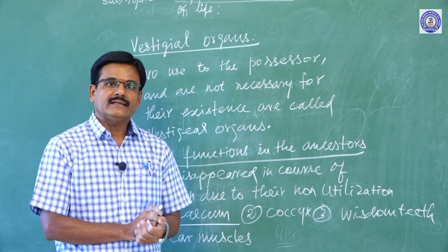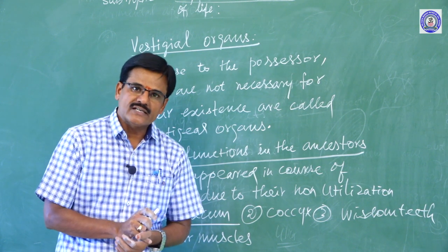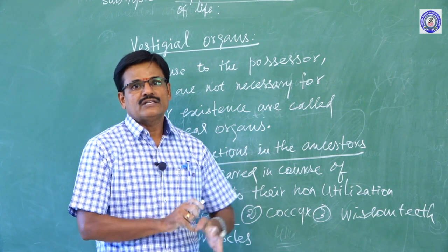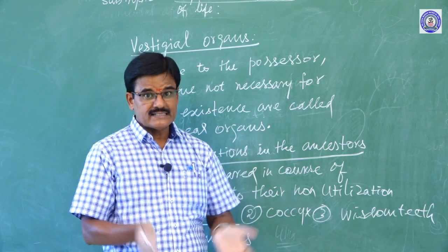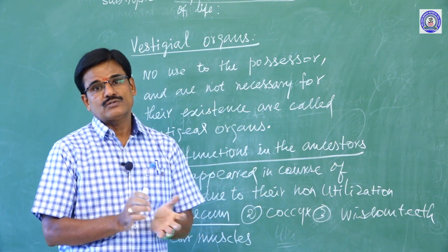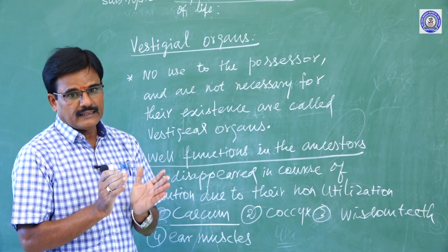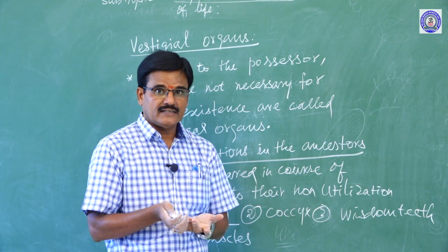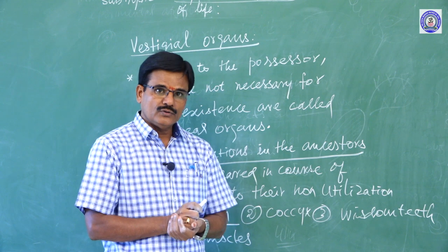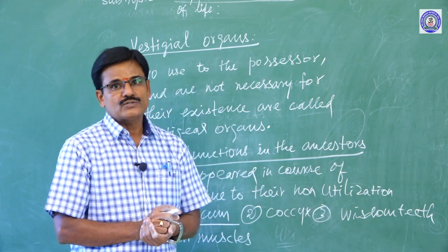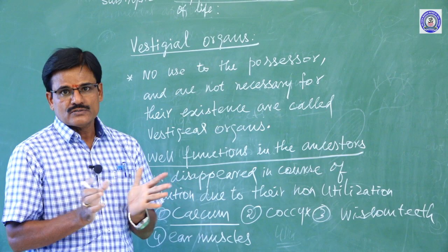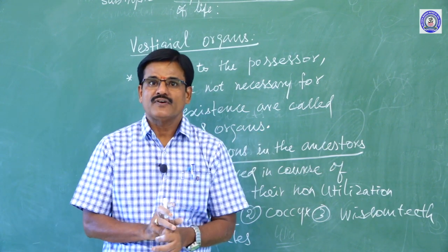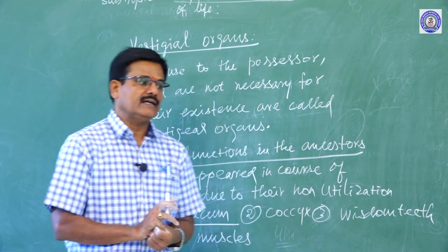If any organ cannot be used continuously, that organ's size will be reduced and finally it has no function. The organs in the ancestors were well developed and functional. During evolution, those organs had no function continuously, so their size was reduced. Those types of organs are called vestigial organs.